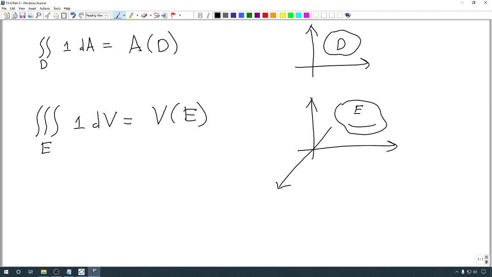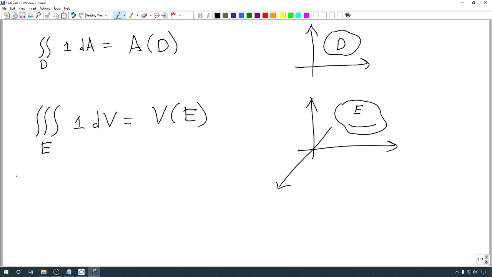Now maybe that doesn't really seem too helpful, but it can be very helpful if you already have something that's set up to already be 1, if you can figure out what the volume is from geometry, you can make use of this. Or we can use this as a way to compute volumes.